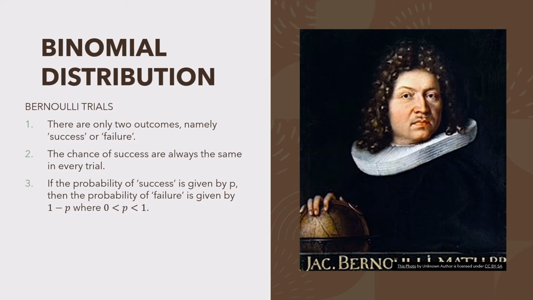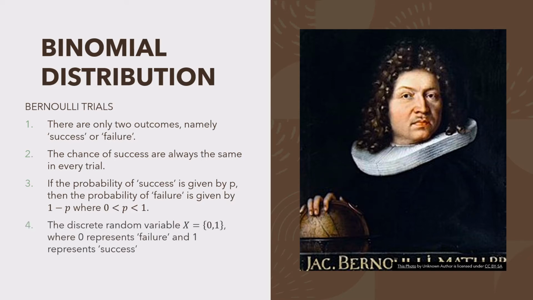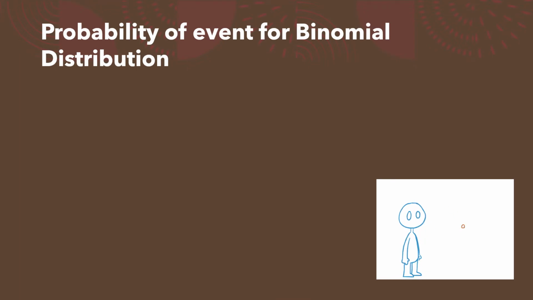So the failure is 1 minus P. The discrete random variable X is equal to 0 and 1, where 0 represents the failure and 1 represents the success. So the probability for an event in binomial distribution uses the Bernoulli's trial.